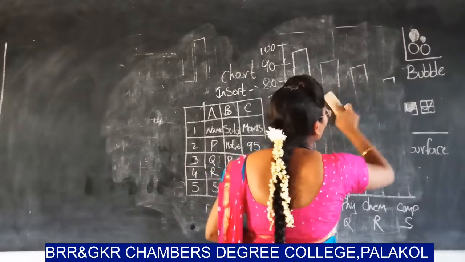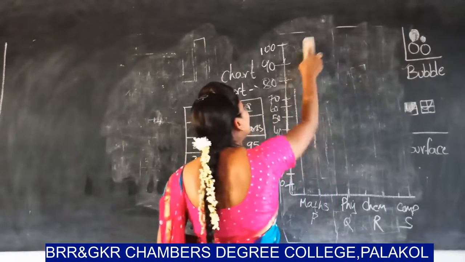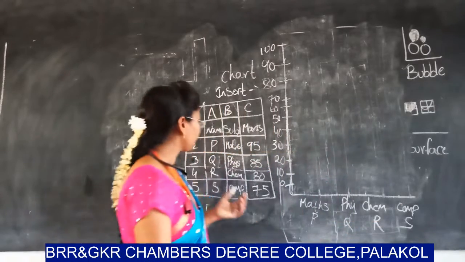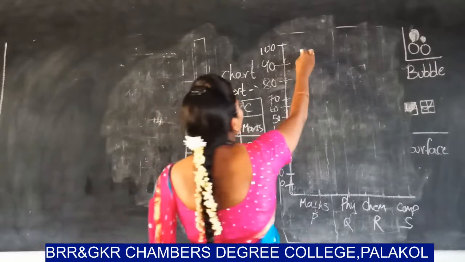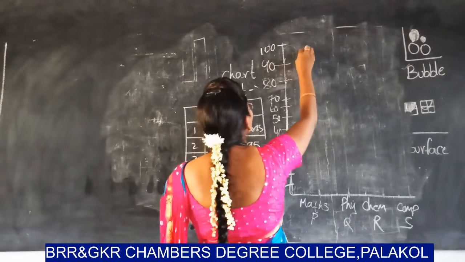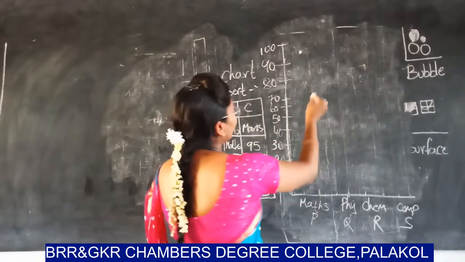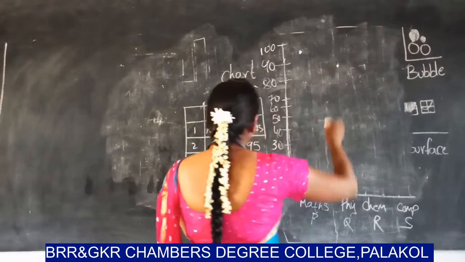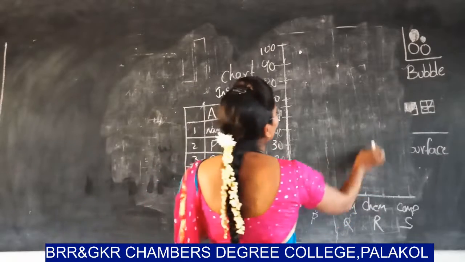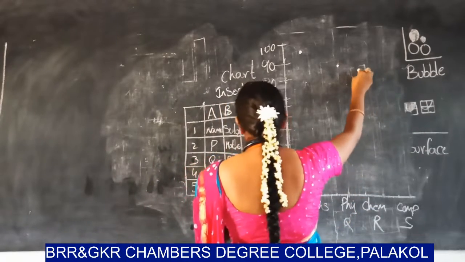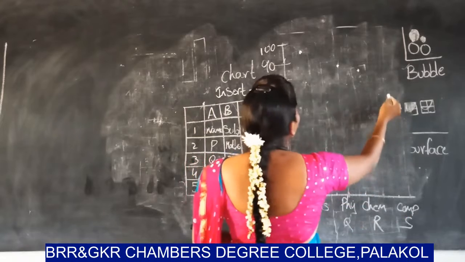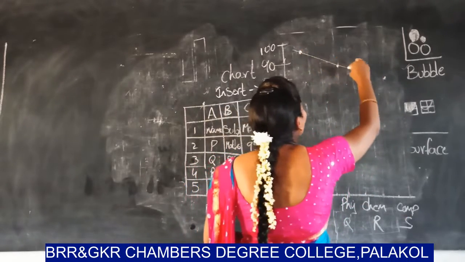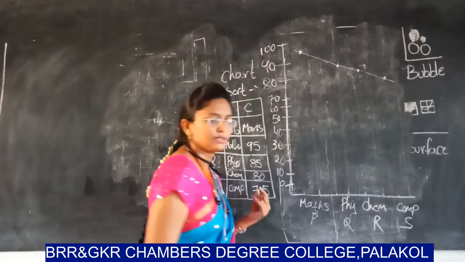It will be represented with one dot at 95, and again 85 one dot, and chemistry 80 over here, and next computer 75 here. This is the line chart appearing on your screen.